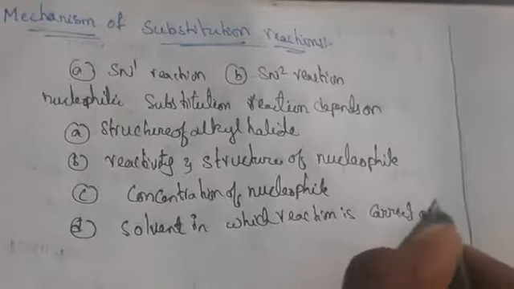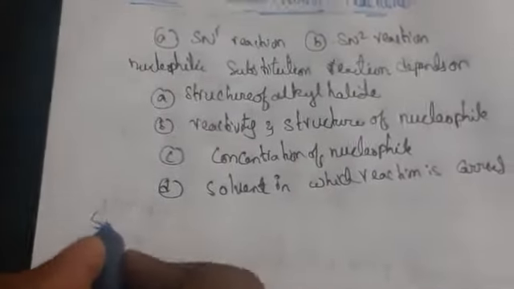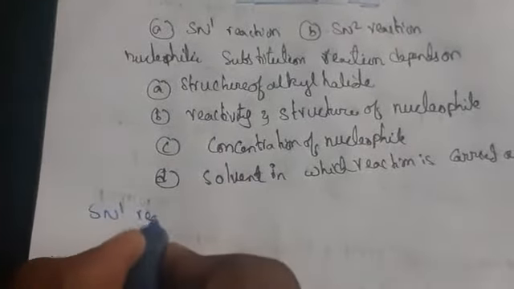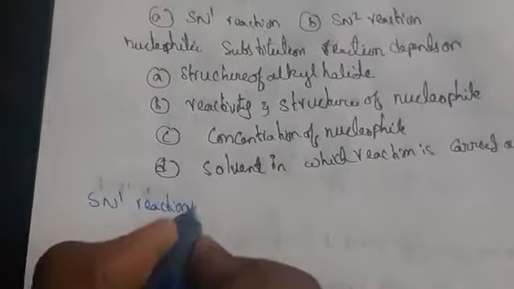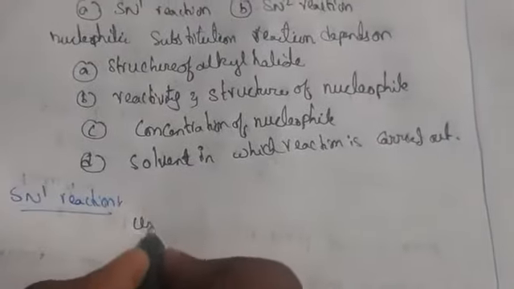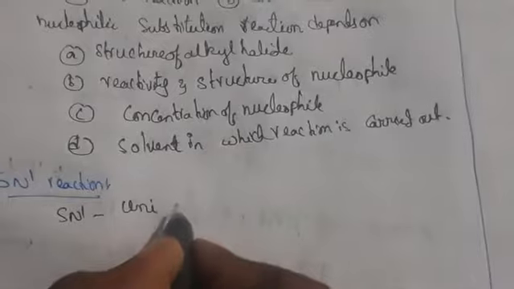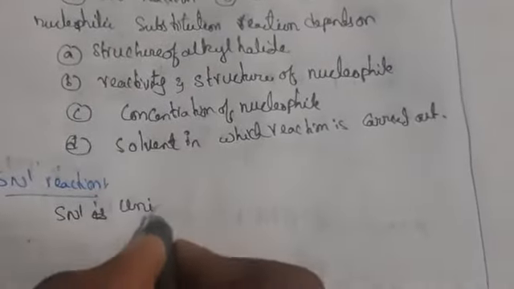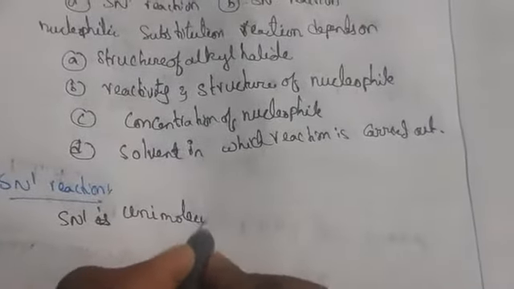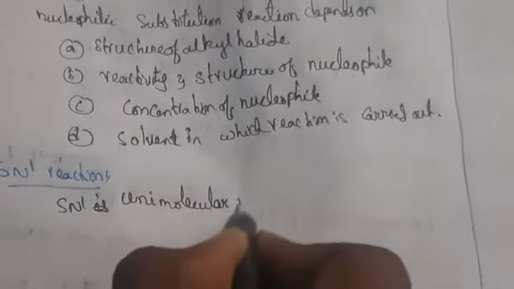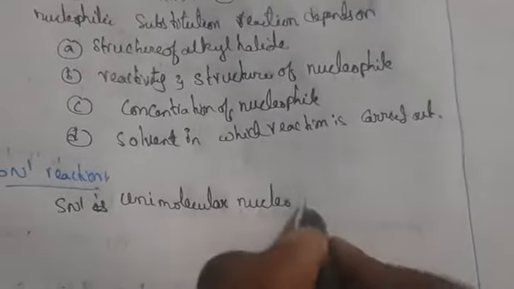Now let us discuss these two types, SN1 and SN2 reaction. The first one we are going to discuss is the SN1 reaction. SN1 is known as unimolecular nucleophilic substitution reaction.